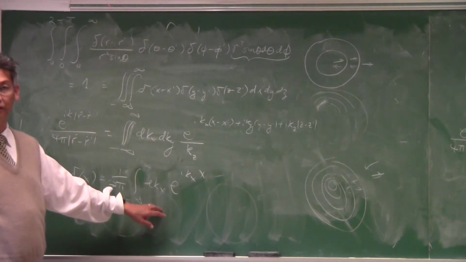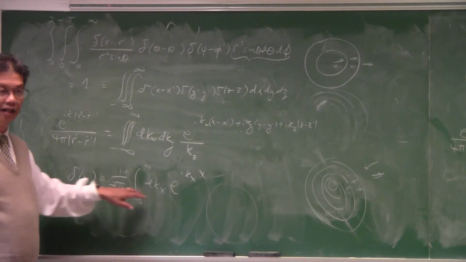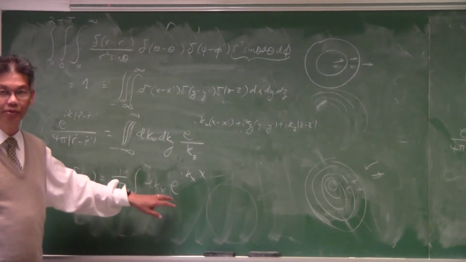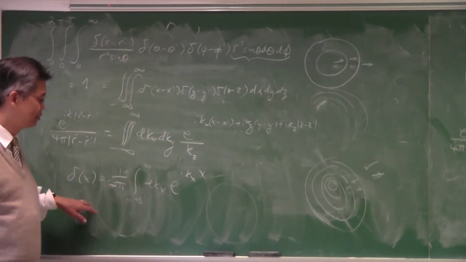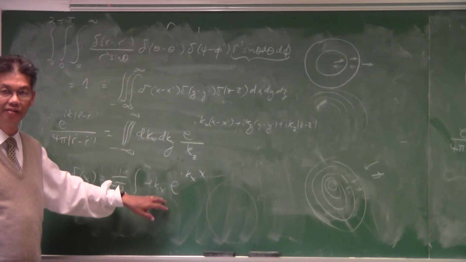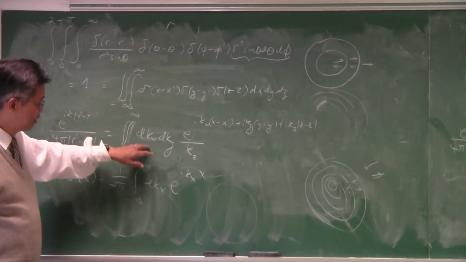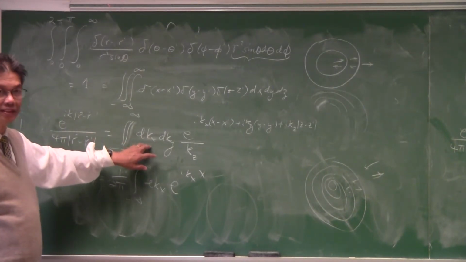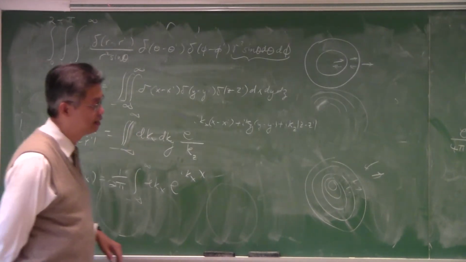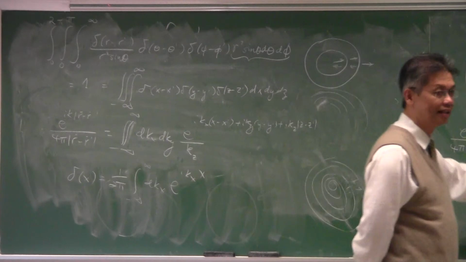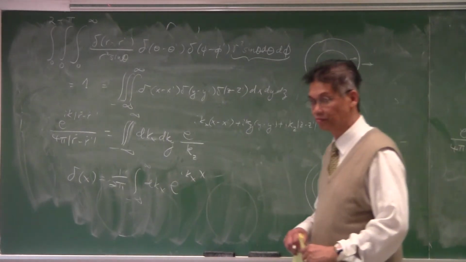This thing actually does not converge, but I take this as an identity in a distributional sense. So this does not converge when z equals z prime, but this can still be treated as an identity, and you can also treat this as an identity. Okay.